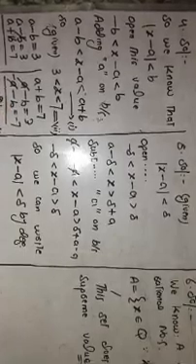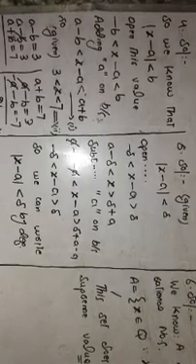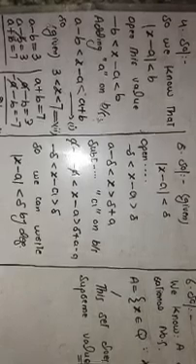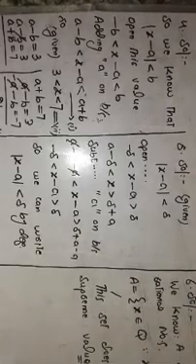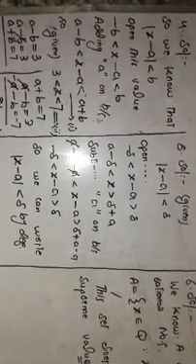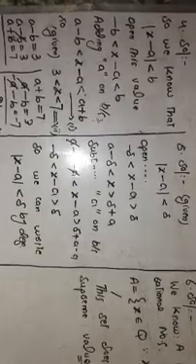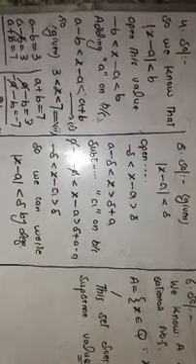Here minus 2 is multiplying b, and when we transfer it to the other side it divides minus 4. So minus cancels with minus, and 2 ones are 2 and 2 twos are 4. So the value of b is 2.